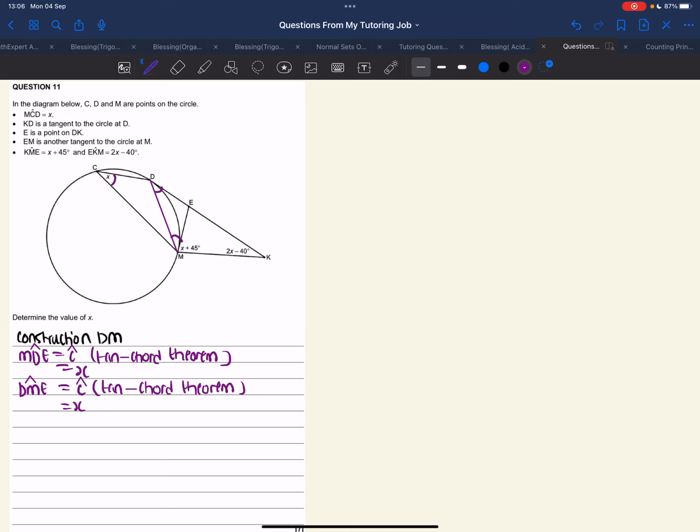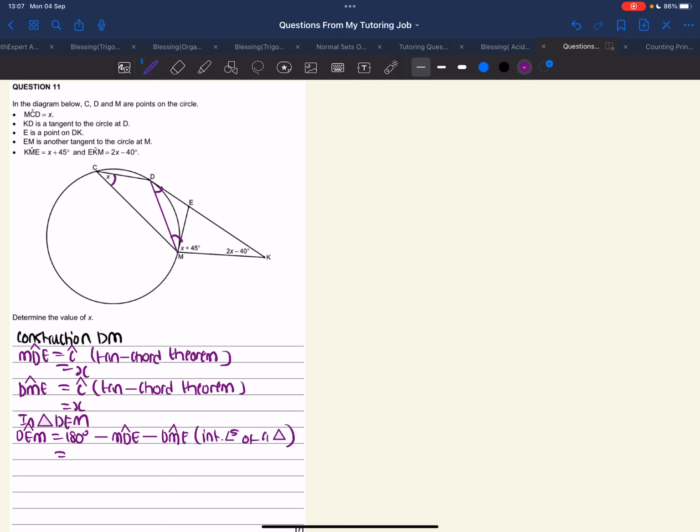And then now what we can do is say in triangle DEM, angle DEM is going to be equal to 180 degrees minus MDE minus DME, and the reason for that is interior angles of a triangle.